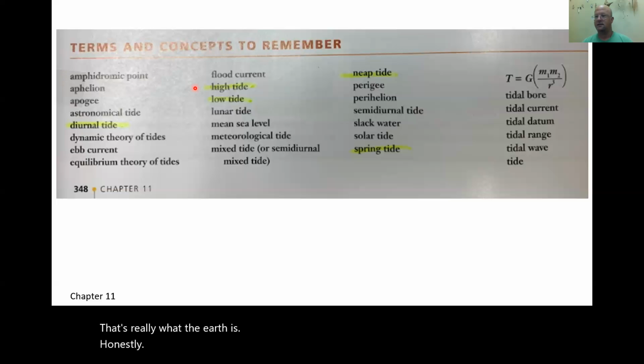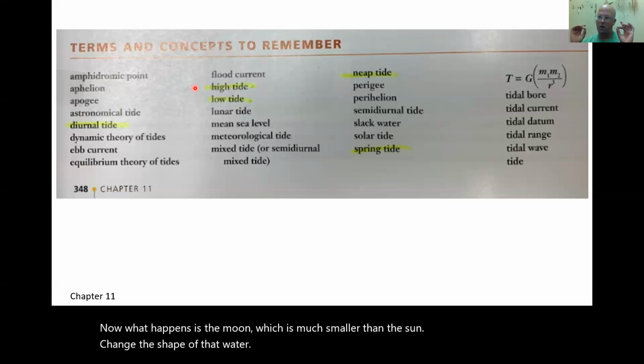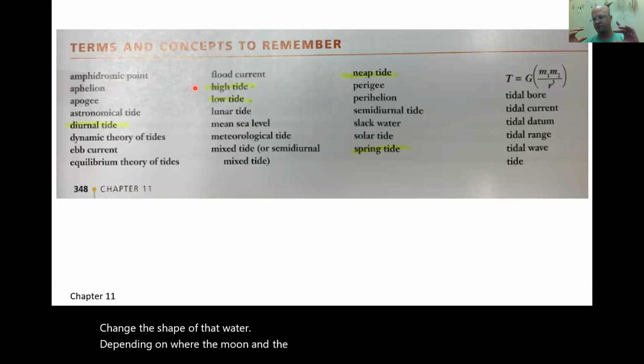Now, what happens is the moon, which is much smaller, and the sun change the shape of that water, depending on where the moon and the sun are and how the Earth is rotating. Remember, the Earth is rotating.